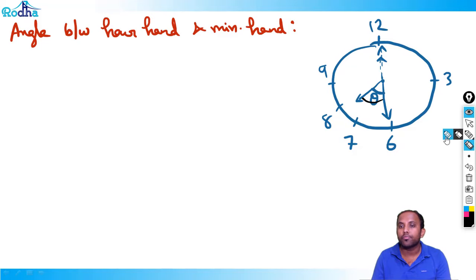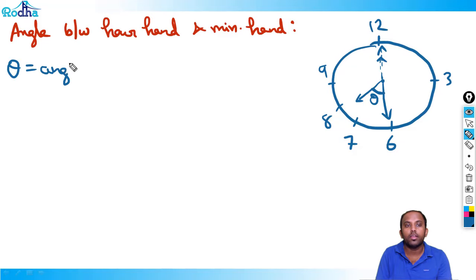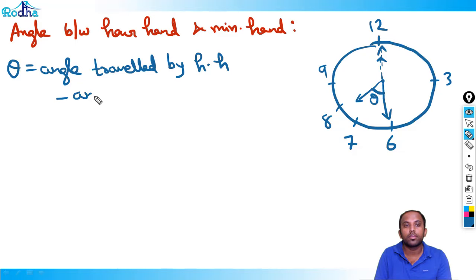How to approach? It's quite simple. So we just write how to calculate theta in any clock, right? In any clock, theta is equal to the angle traveled by the hour hand minus the angle traveled by the minute hand.